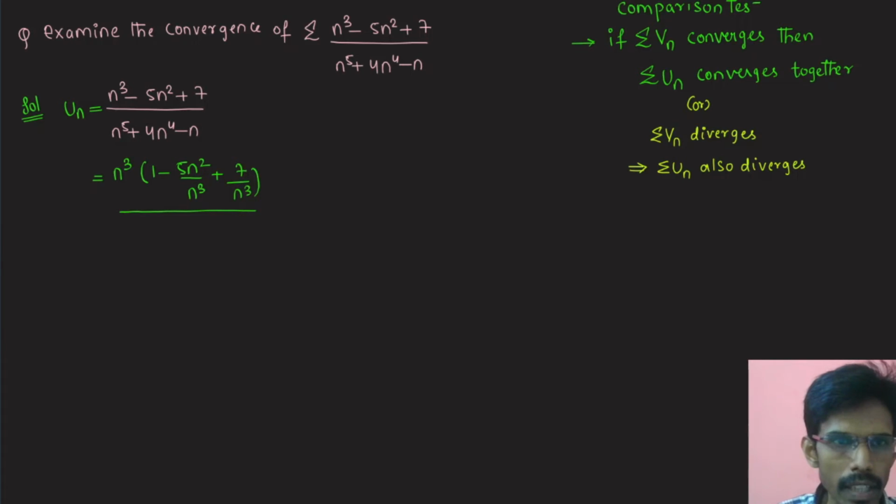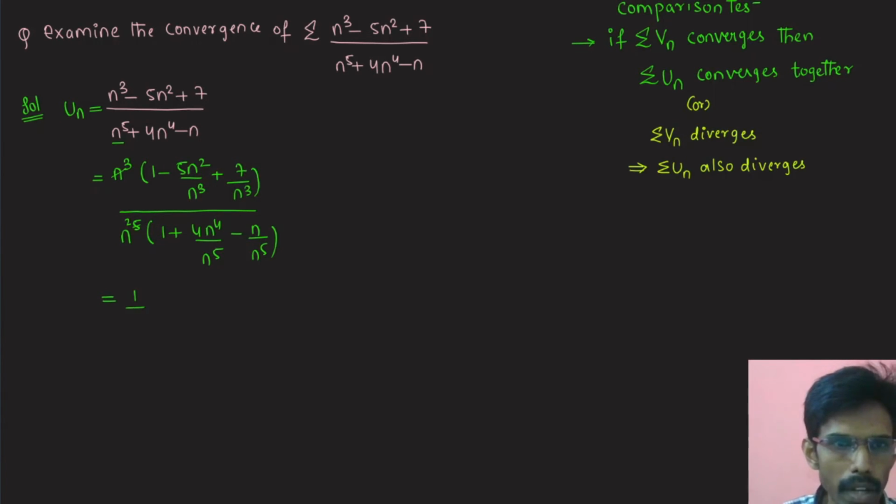Next we take the highest power, n power of 5, common from the denominator. We have 1 plus 4 n power 4 by n power of 5 minus n by n power of 5. This n cube will get cancelled with this n power of 5, so we are left with n square here.